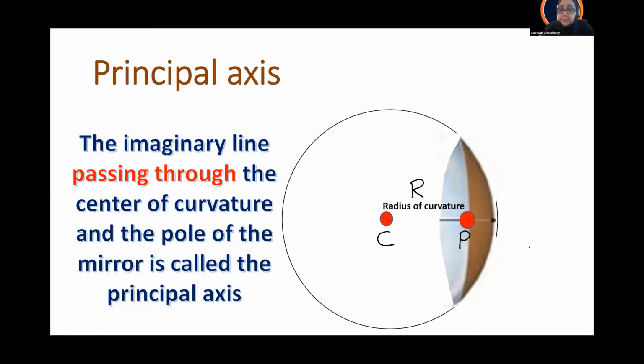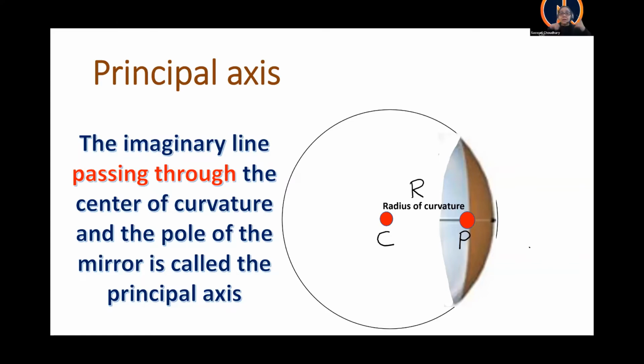Now we have learned what is pole, what is center of curvature, what is radius of curvature. Now coming to the principal axis. The principal axis is an imaginary line passing through the center of curvature and the pole of the mirror. Students, remember, we are not joining the points.